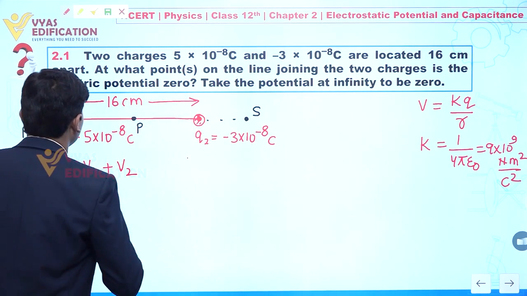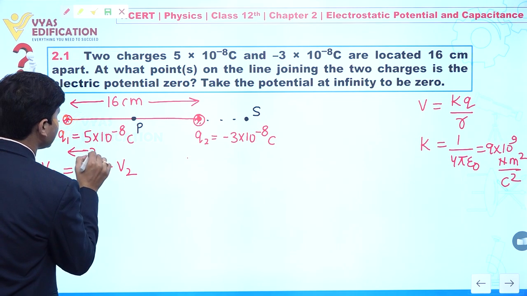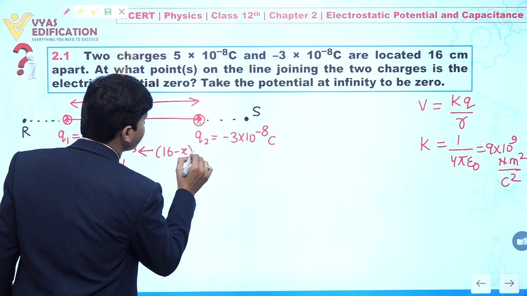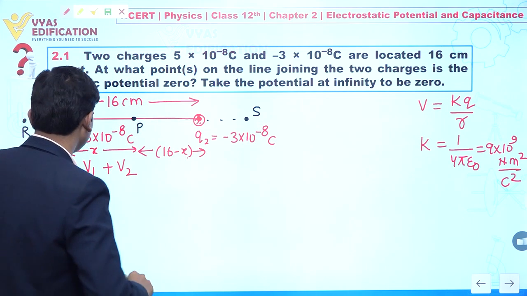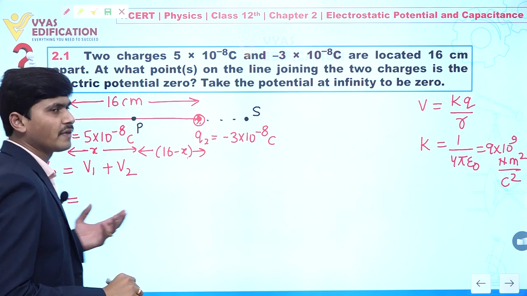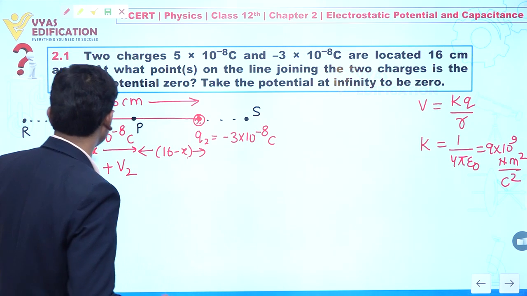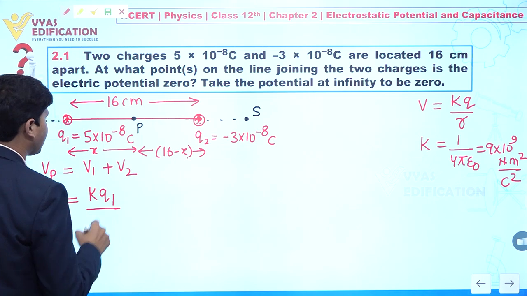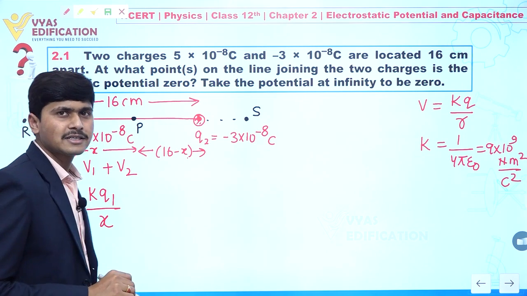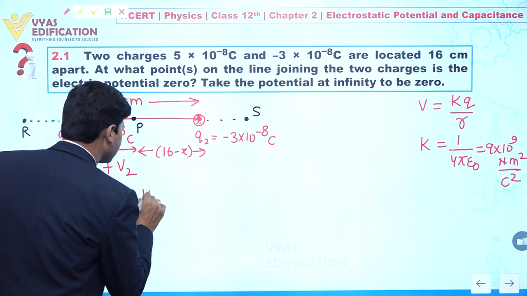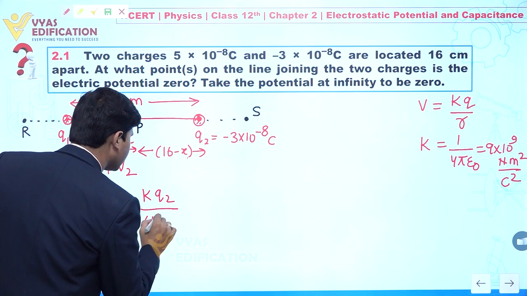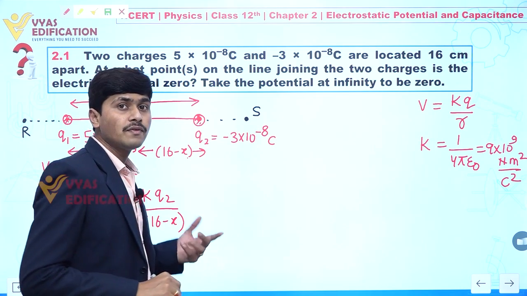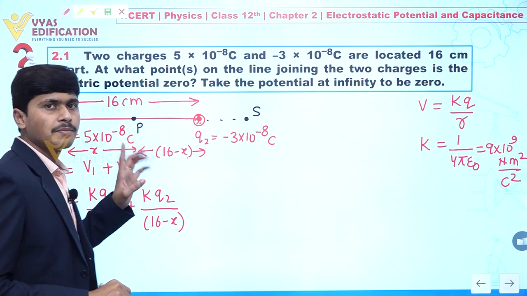Let's suppose this distance is x, so this distance we can write as 16 minus x. V1 means the potential due to charge 1, so V1 equals K Q1 upon x. Similarly, V2 equals K Q2 divided by the total distance 16 minus x. So this is the value of Vp, the potential at point P.